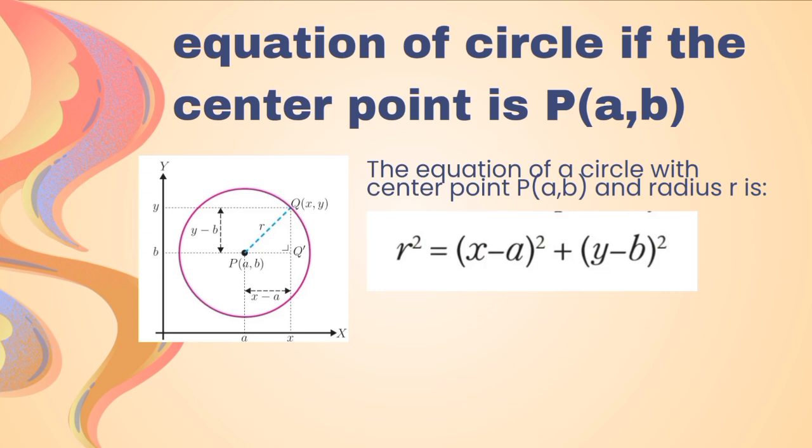Equation of circle if the center point is P (a, b). The equation of a circle with center point P (a, b) and radius r is r squared equals (x minus a) squared plus (y minus b) squared. We will prove it in this video.